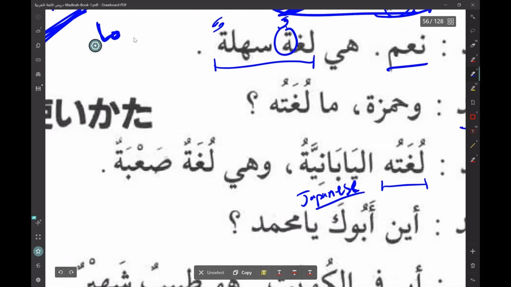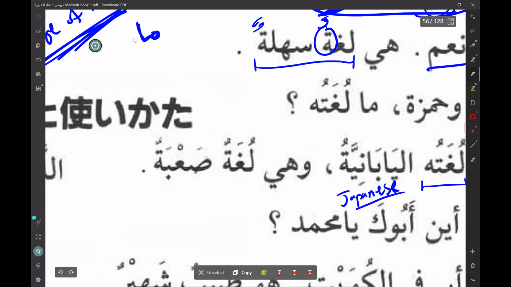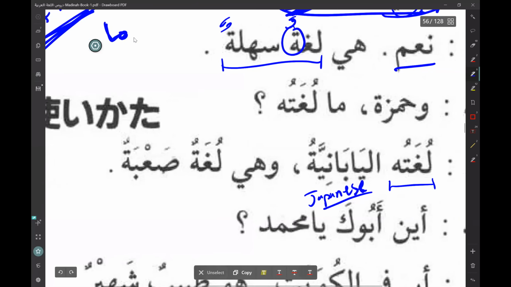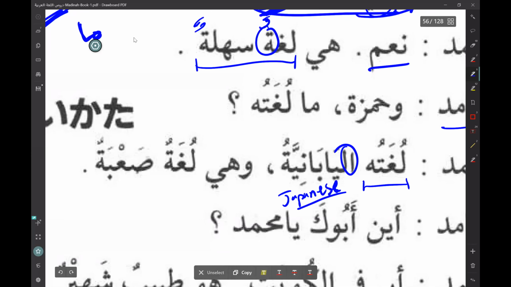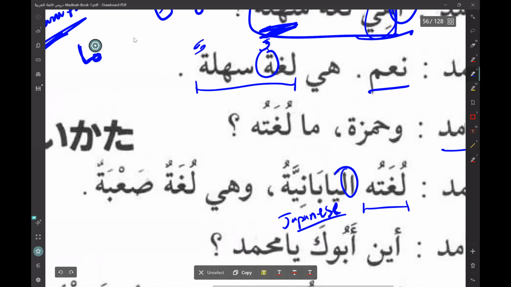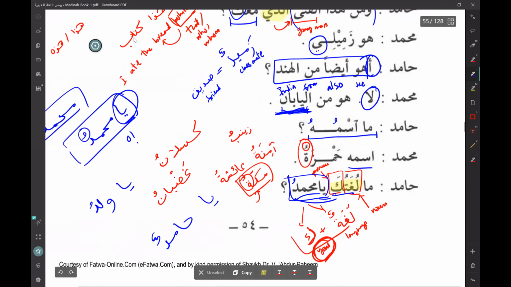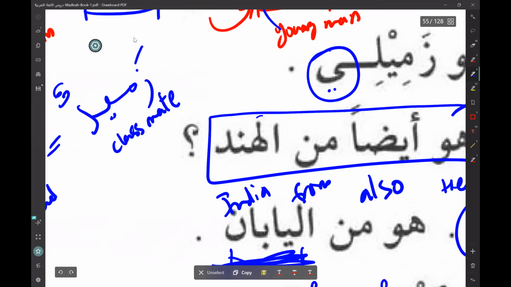Wahia, and it is talking about the language, lugatun, because this one has Alif Lam. Some country's names have Alif Lam already, for example, Al Hind. You're not going to say that here because you have a preposition.